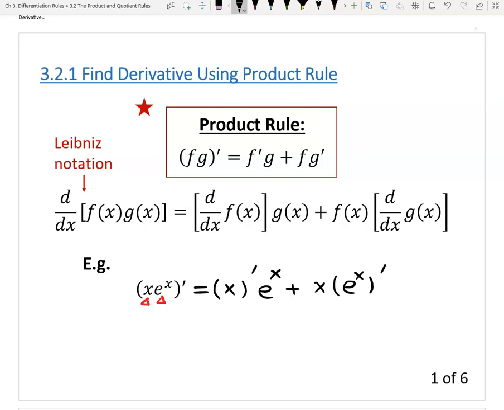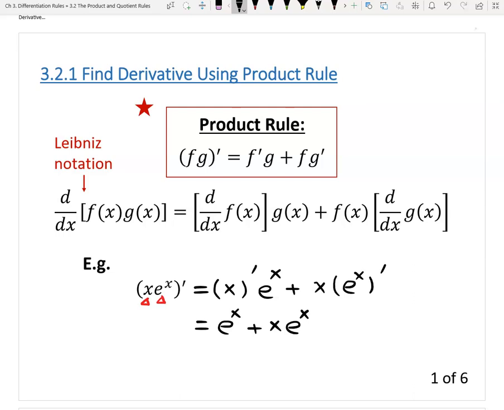I just take the prime of the first, then the prime of the second. So it's easy to remember the formula. Now, what do we do? This is a power rule, power function, and this is a natural exponential, which we already learned. So here is 1, I ignore the 1, therefore we have e^x. The second one is x times what? e raised to the x power itself, right?